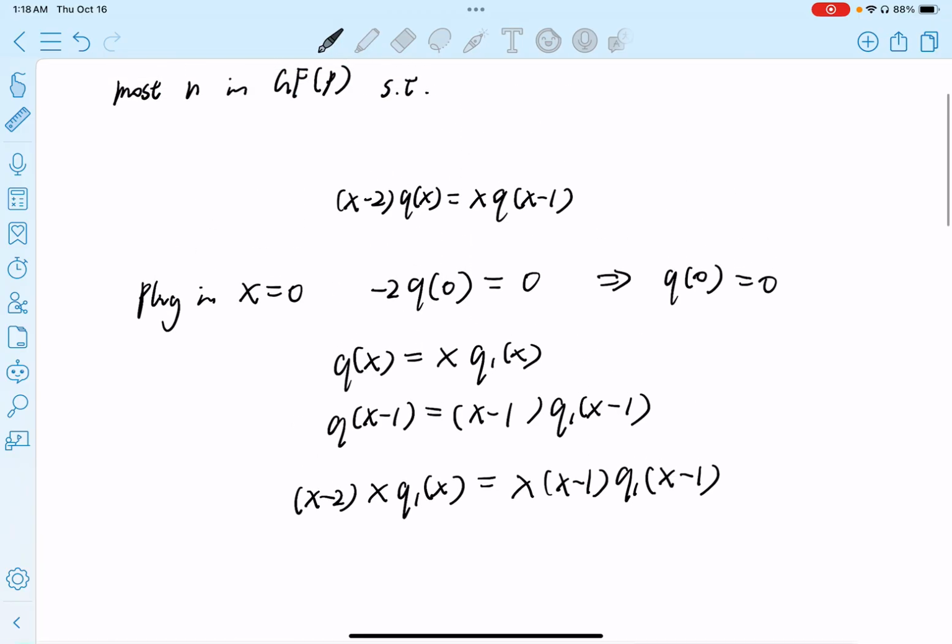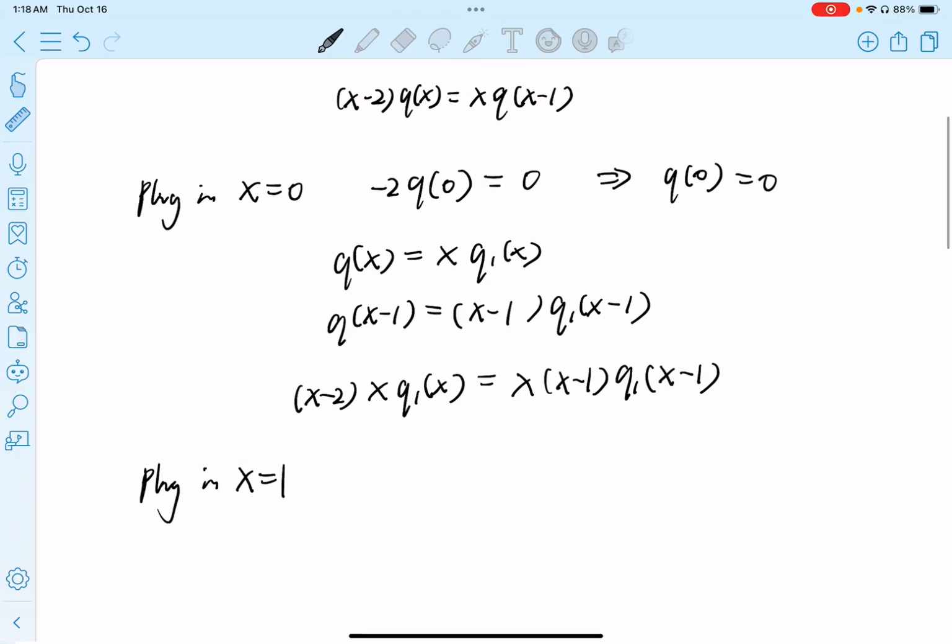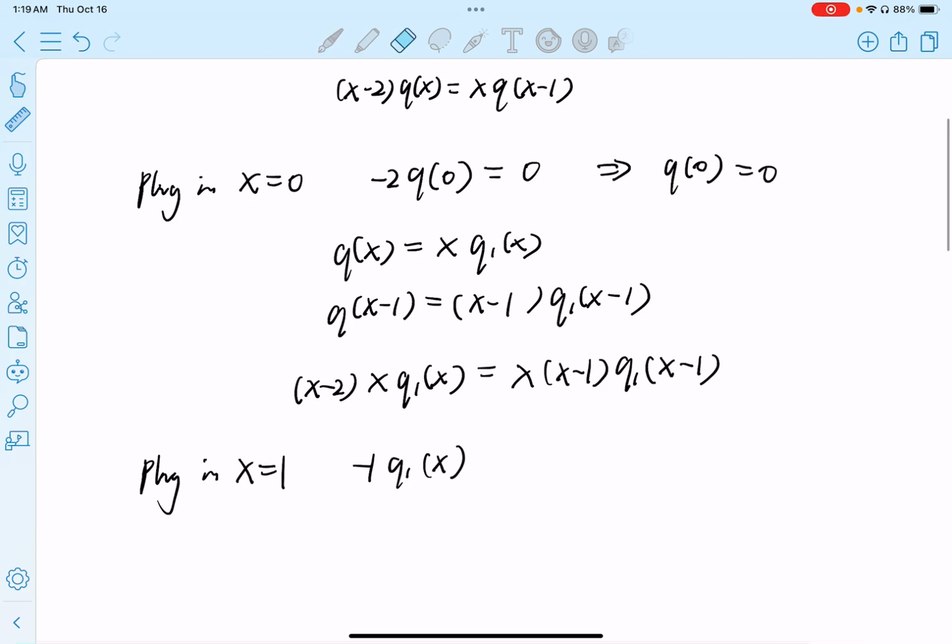So we are already making some progress in understanding the properties of q. Next, we can plug in x equals 1. It gives us minus 1 times q1 of 1 equals 0, because the other term is just 0.